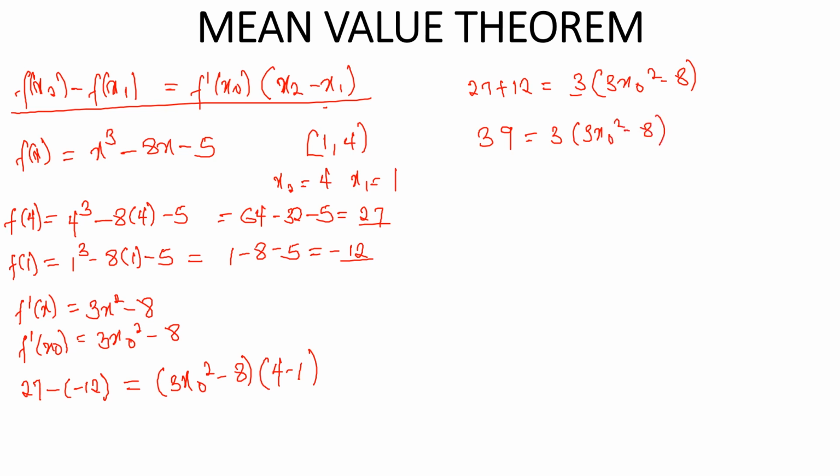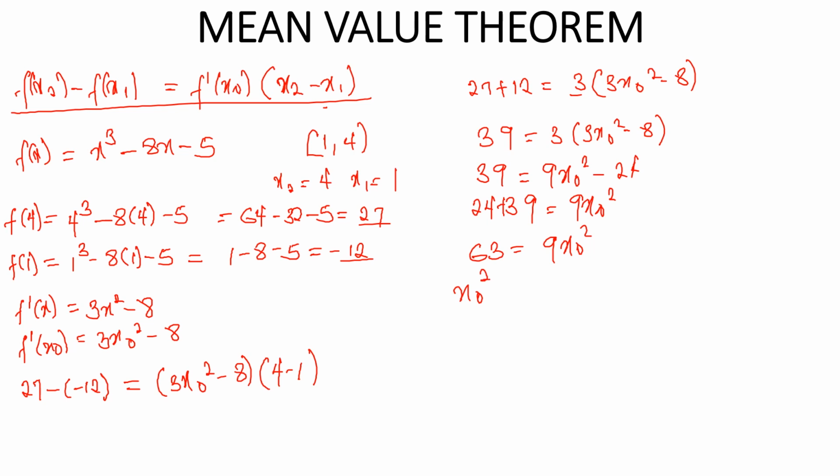You can go ahead to open the bracket. You have 39 is equal to 9x naught squared minus 24. Therefore 24 plus 39 is equal to 9x naught squared, which is equal to 63. So 63 is equal to 9x naught squared.